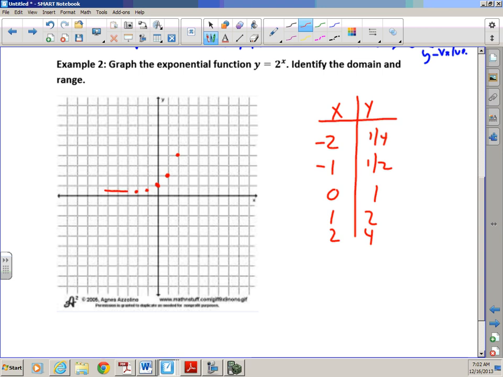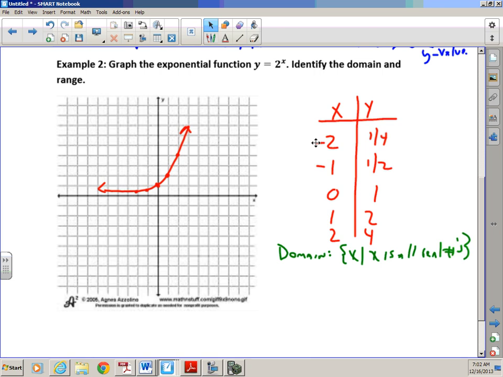And what's key is when you draw your curve, again, put your arrows, you're making sure that you don't have it running towards the x-axis. So my domain, x is all real numbers. And why is that? Because these curves will go out forever.